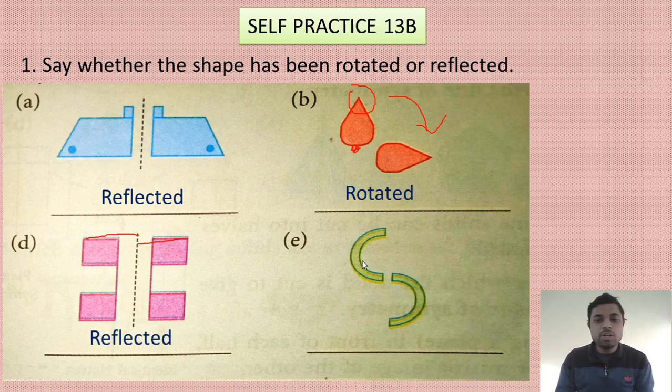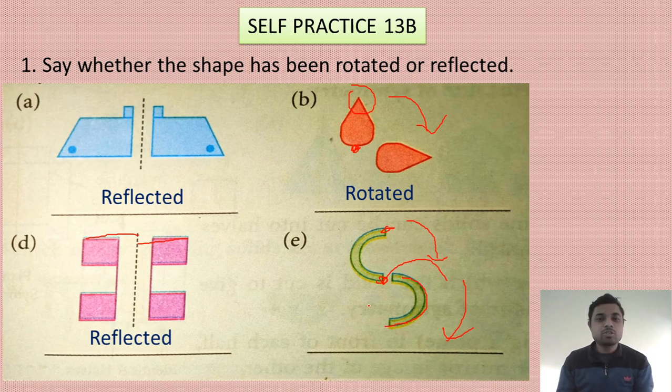E, what will it be? Just see, any point, suppose this point. Okay, and what you can see is that you cannot say the same distance, but if we say this point is fixed, when it rotates like this, after 90-degree rotation it will be here, again after 90-degree rotation it will be here.